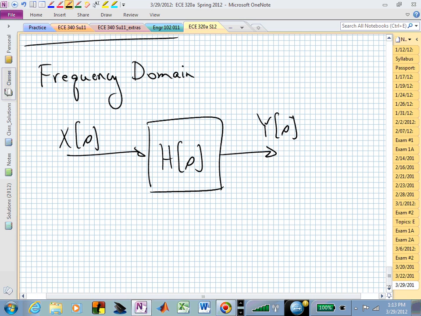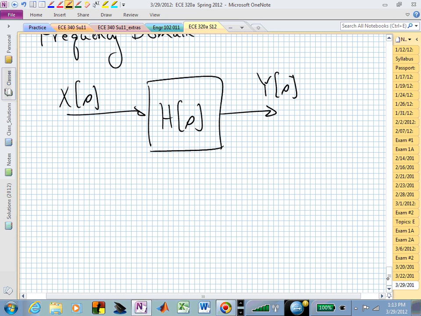So that's the picture in the frequency domain of this relationship between input, system, and output. What's the equation relating Y, H, and X? They're just multiplied. That's the beauty of the frequency domain. We can simply multiply things together.